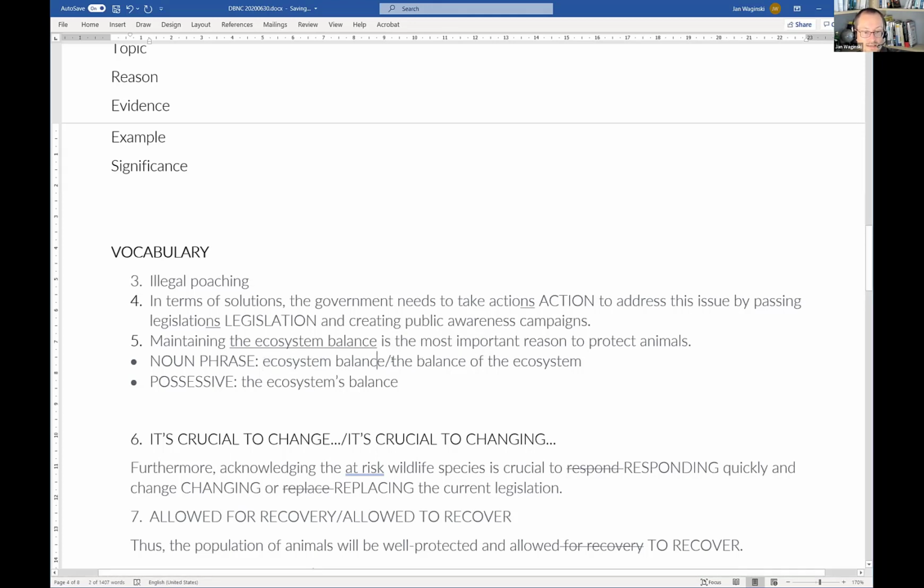Or you can say maintaining the balance of the ecosystem. This is the other way to do it. Or if you're going to use possessive, it has to be the ecosystem's balance. The most important reason, usually we put with the reason for. The most important reason for doing something.